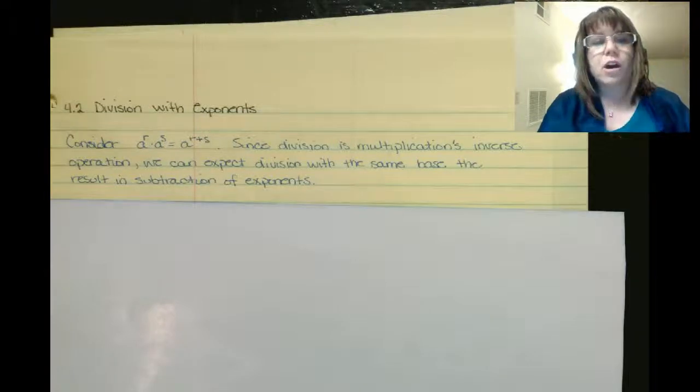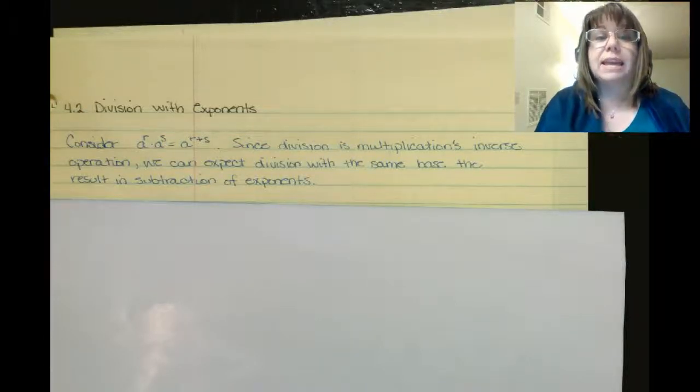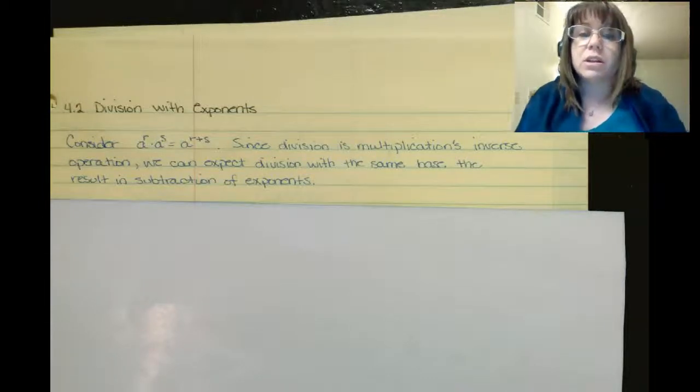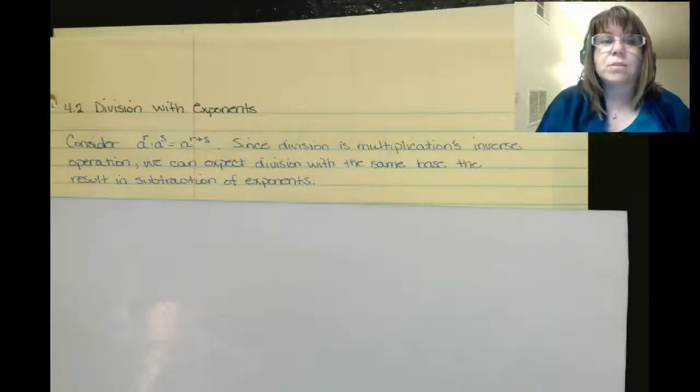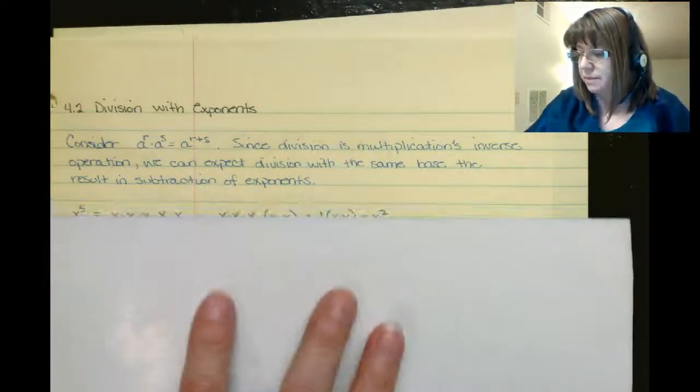If you consider our last property for exponents, a to the r times a to the s equals a to the r plus s, since division is multiplication's inverse operation, we could probably expect division with the same base will result in the subtraction of exponents.